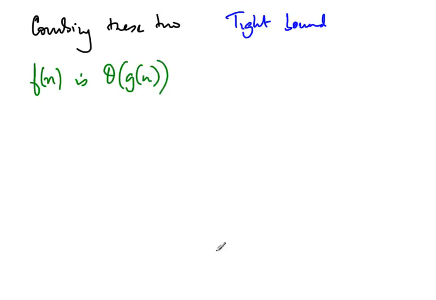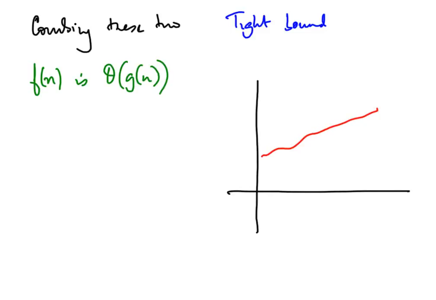So here the picture is that if I now draw my f of n, then I can sandwich it, okay, again beyond a suitable n0, by finding two values. So I can have c1 times g of n, and this will always lie above the red line, and I'll have a different function c2 times g of n.